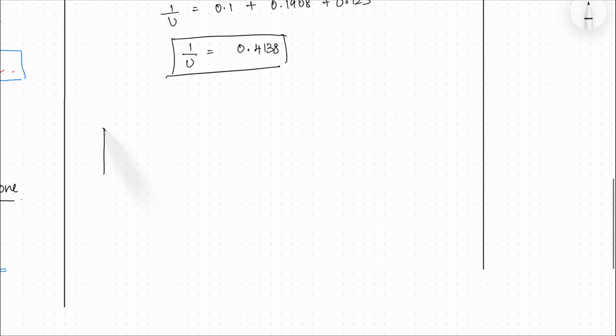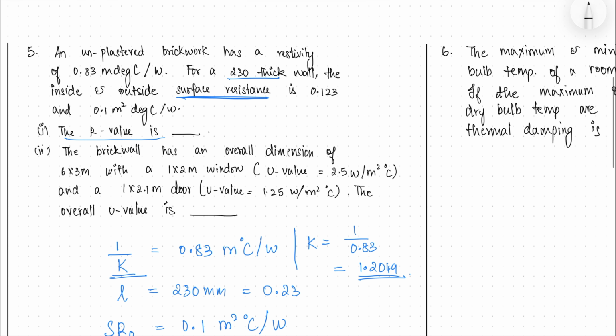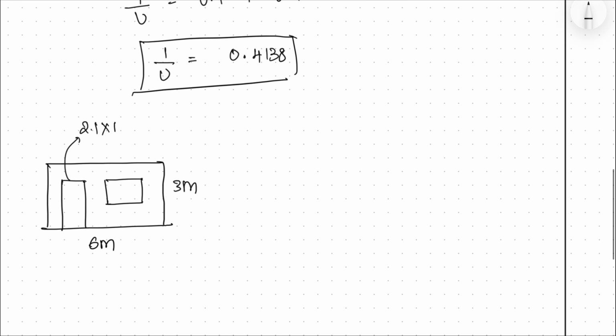So this is your wall, 6 meter into 3 meter, and they have a door which is 2.1 into 1 meter, and they have given a window of 1 into 2. And they've asked us to find the U value of the overall surface.